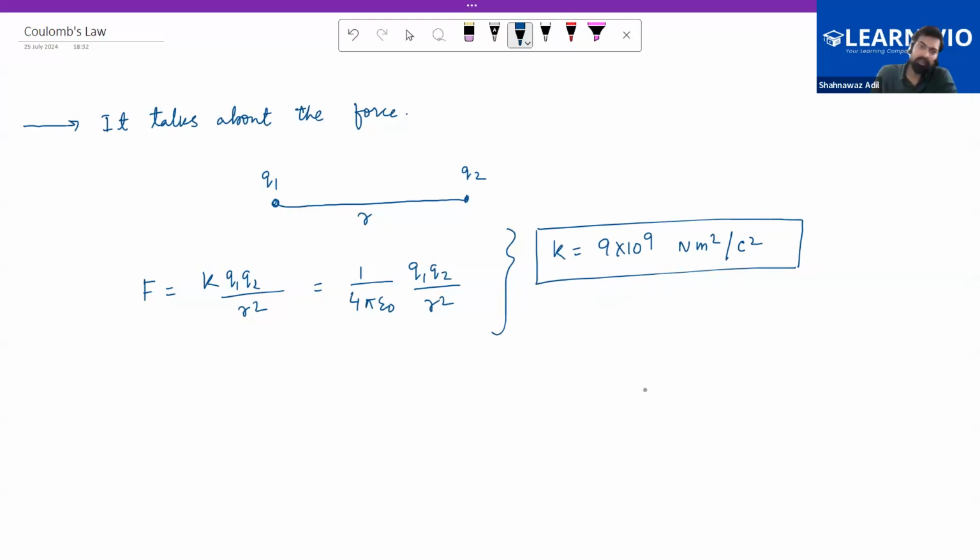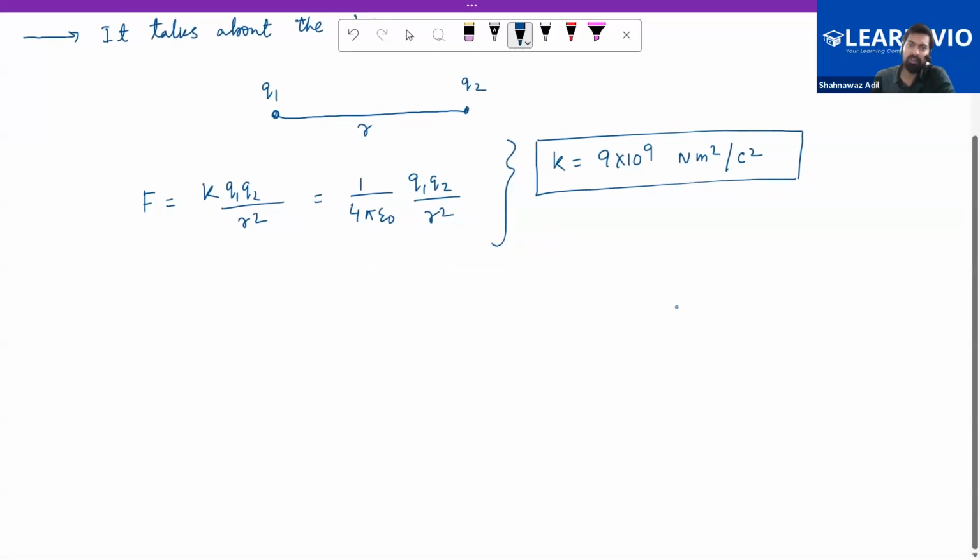Now there is this very important quantity, epsilon naught. What does this epsilon naught signify? Can you guys tell me? The permittivity of free space, right?